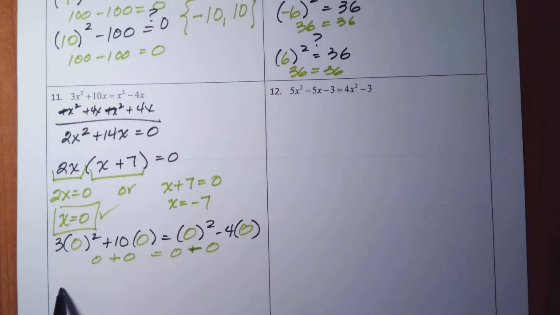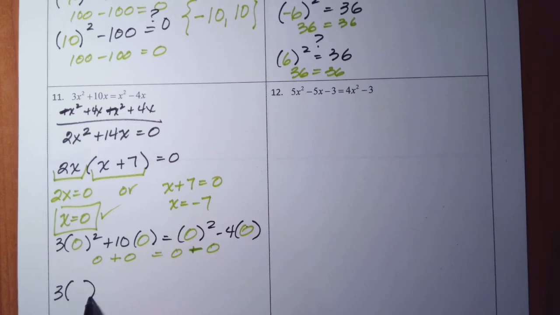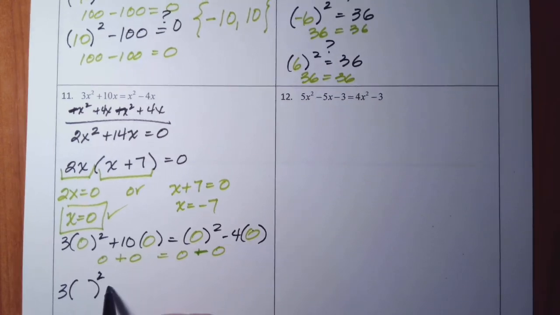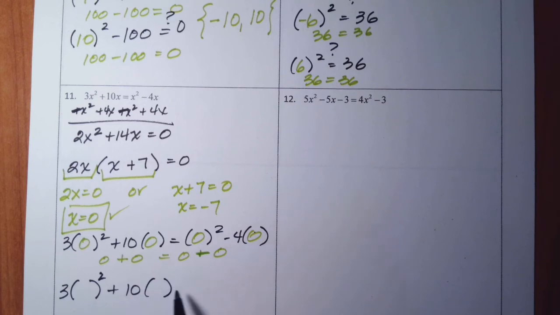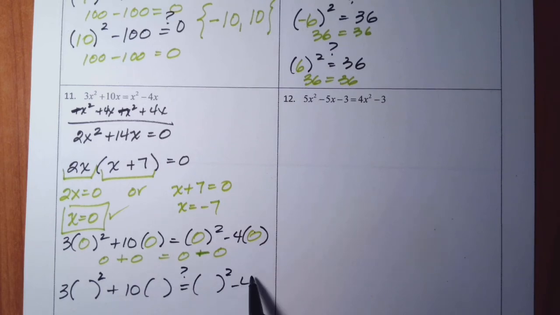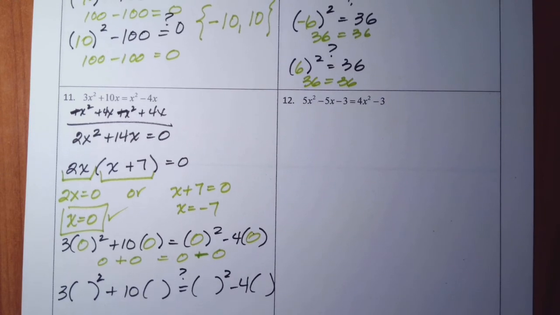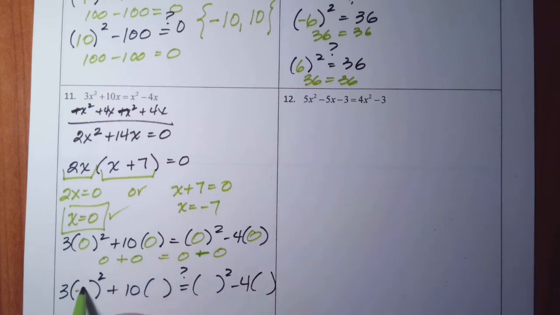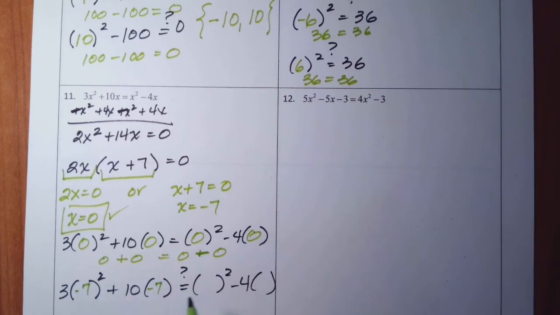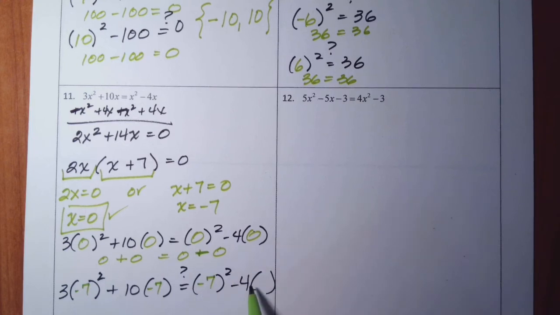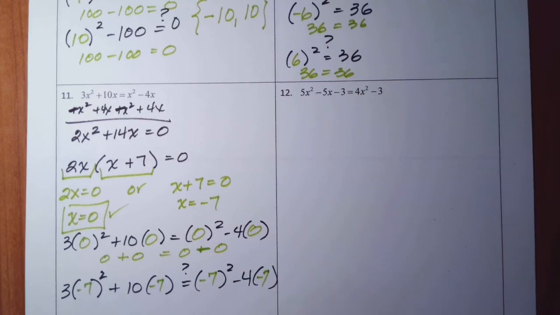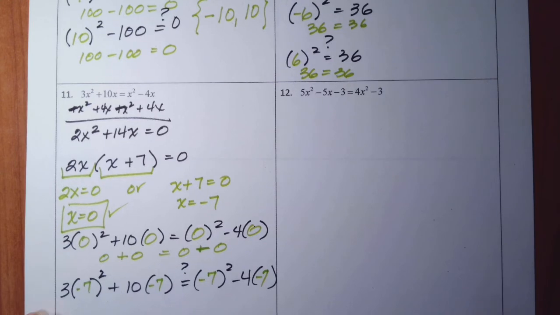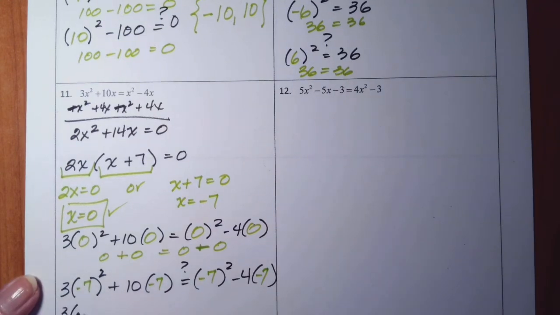Let's try it with the negative 7. So 3 times something squared plus 10 times something equals something squared minus 4 times something. I'm going to have to do a little work on this one. Negative 7, negative 7, negative 7, negative 7. So this becomes 3 times 49 plus negative 70.